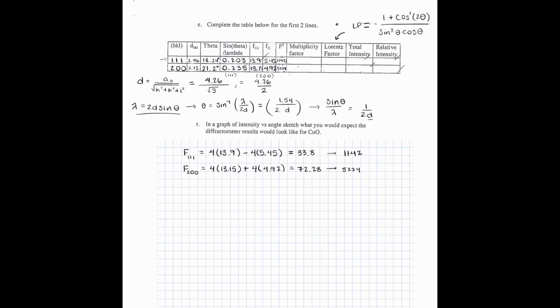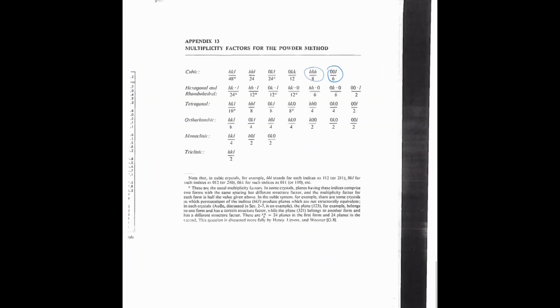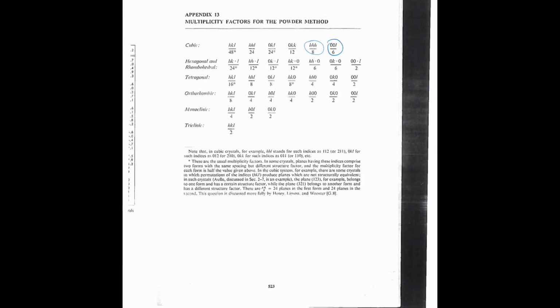The multiplicity factor is not plug-and-chug. It is found using a table. So we're going to go down to the table and see that these are the two rows we use, because 111 is HHH and 200 belongs to the family of 001.